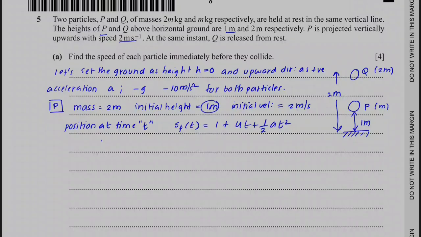So it is at an initial height, so we are adding it to the distance that it covers with respect to time. Substituting the values, we get 1 plus 2t, then substituting for a, minus 10 by 2 t squared, which becomes 1 plus 2t minus 5t squared. So the final expression is 1 plus 2t minus 5t squared. Let's call it equation number 1.